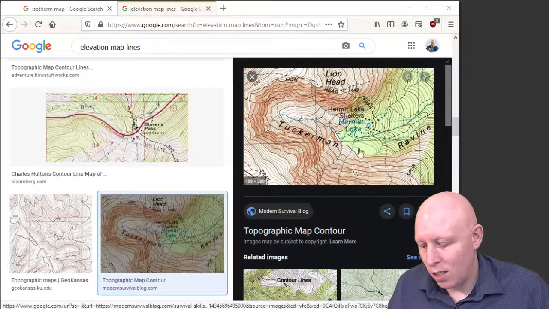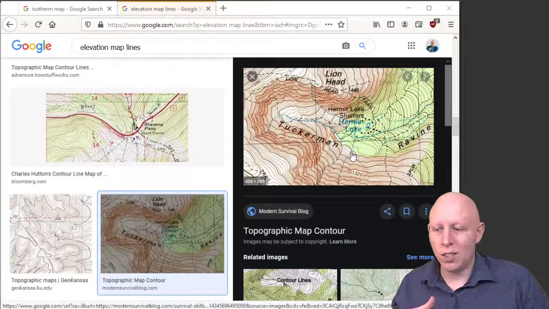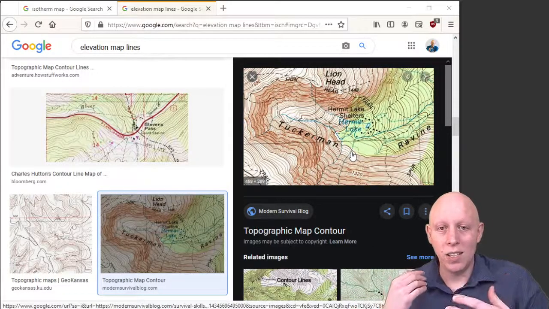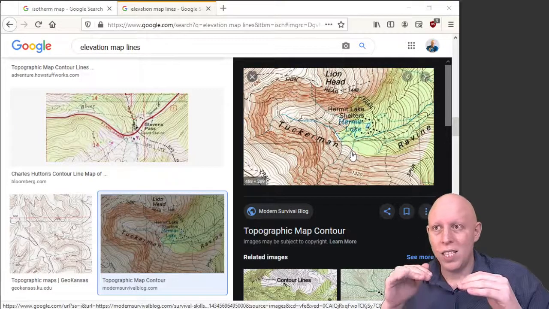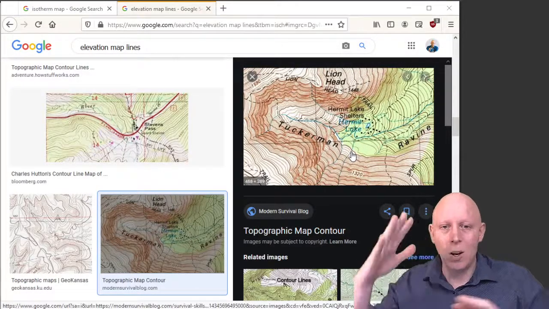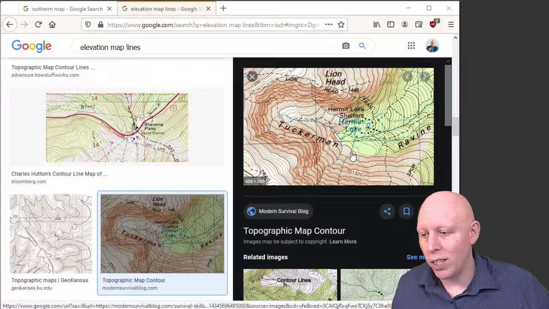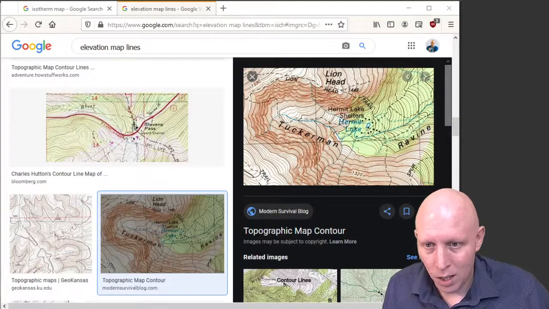These curves are very helpful in understanding how the terrain is, but they're also really helpful in trying to piece together what the graph of the elevation looks like.